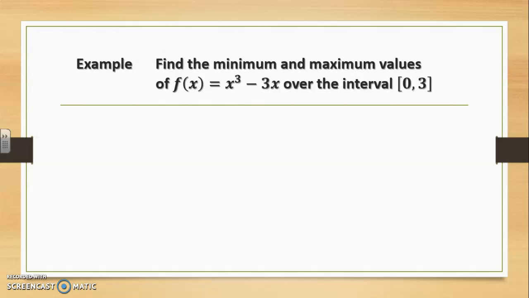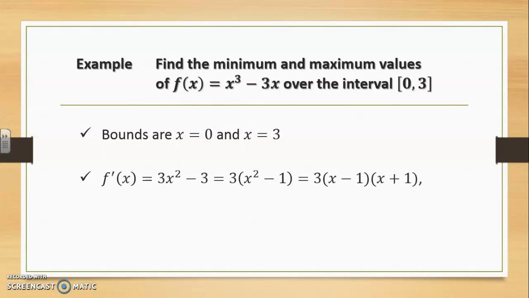For example, let's find the min and max values of the function x cubed minus 3x over the interval 0 to 3. Following the guidelines, first step is to identify the bounds, which in this case are explicitly given. Secondly is to find critical points of the function.